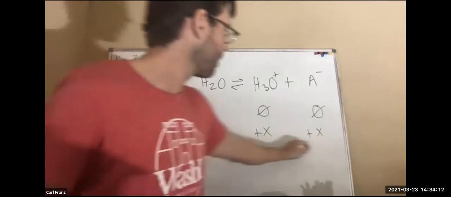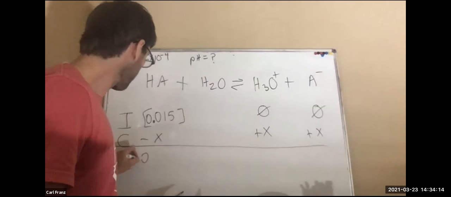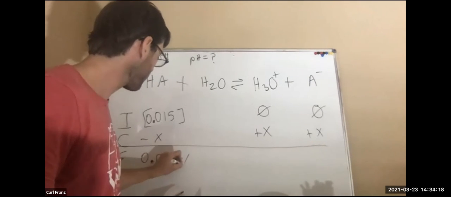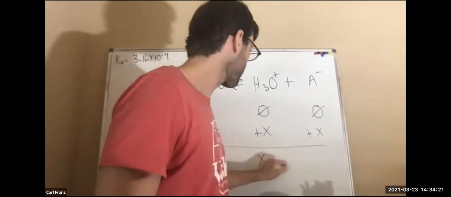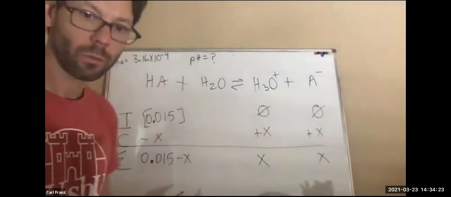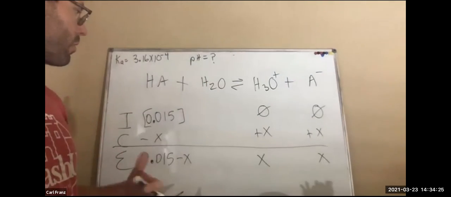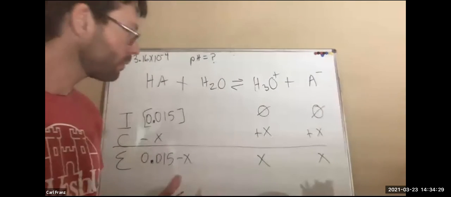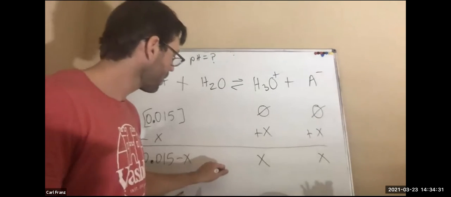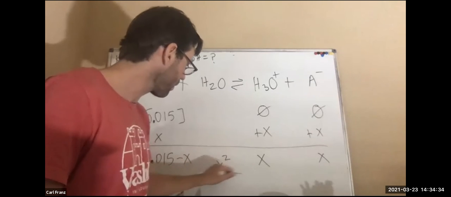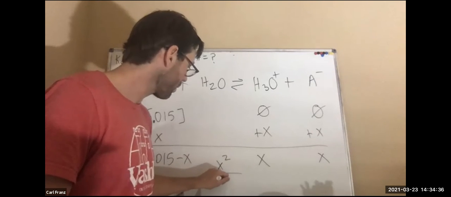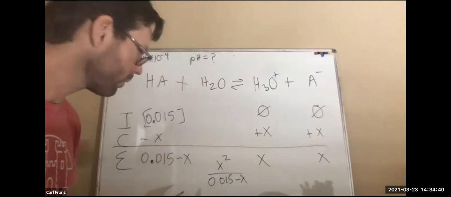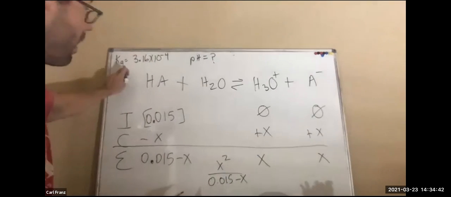And so we get 0.015 minus X, X, and X. And so our expression is X squared over 0.015 minus X equals our Ka.